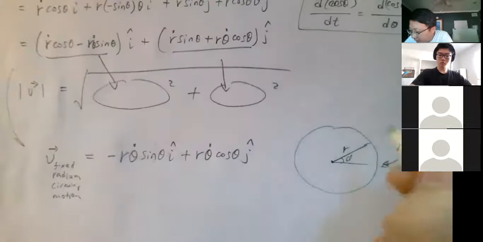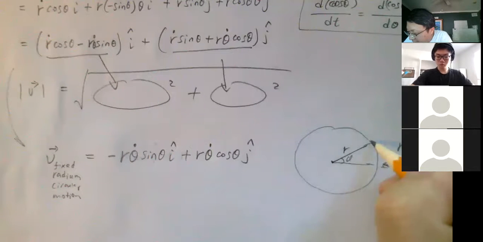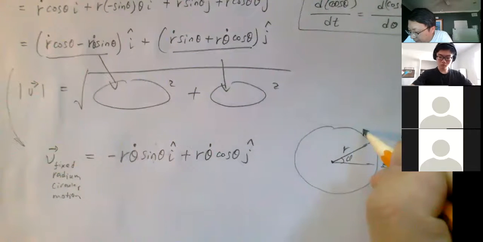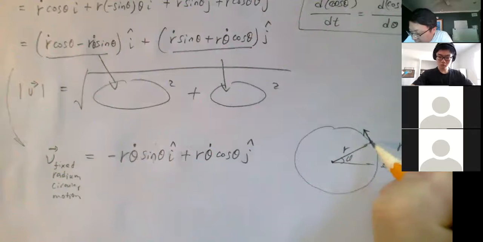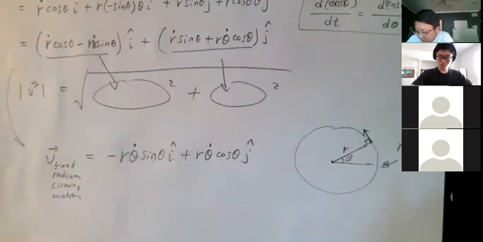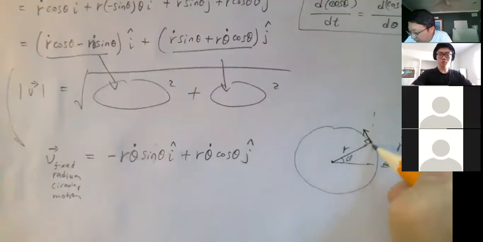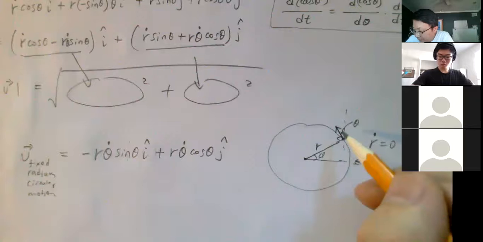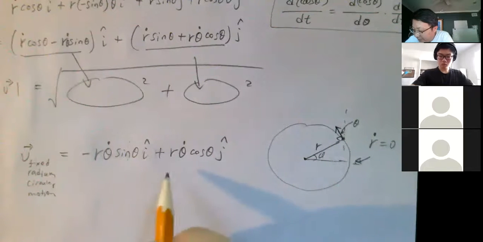Remember, the velocity is along which direction? In the first case, velocity is perpendicular to the radius, correct? So if this is theta, where is theta? This is theta, correct? Can you understand what this really means?